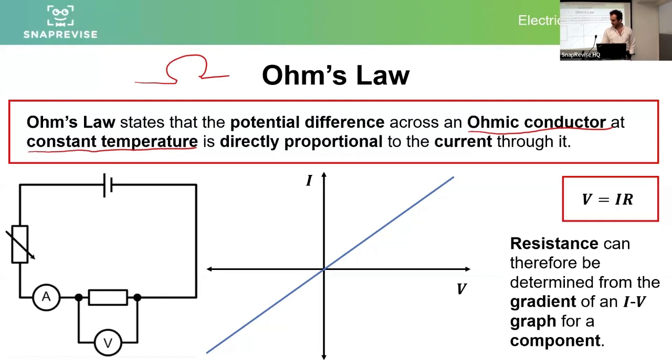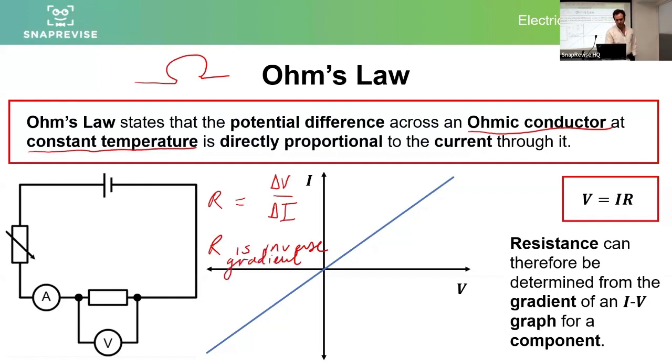Sadly, it is instead the case that because R is delta V over delta I, R is the inverse gradient of this graph.